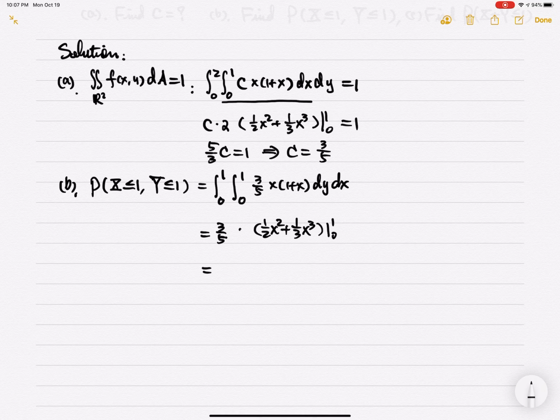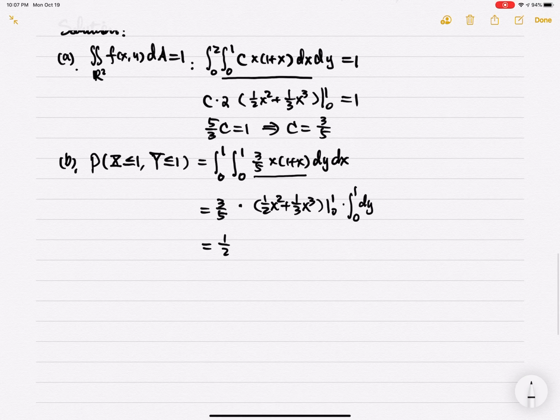Notice this multiplies the integral from 0 to 1 of dy, because this part with respect to y is like a constant and can move out. And the integral from 0 to 1 of dy is 1. So here you're going to have 5/6 times 3/5, so that's equal to 1/2.